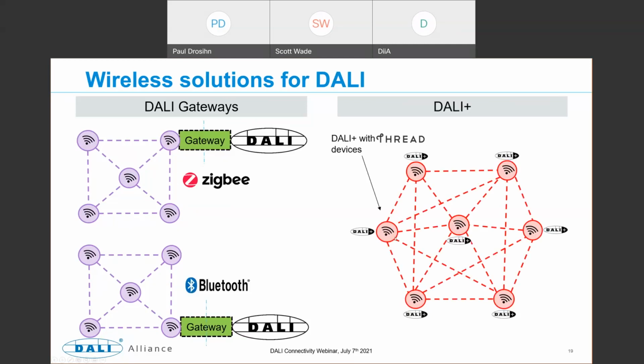So each of these devices is a DALI Plus with Thread device. This can be part of a larger Thread network, so you can have other Thread devices in here as well. And these are all communicating directly with each other using DALI commands. All the commands that have already been defined for all the different parts of the standard. Okay, so two different solutions.